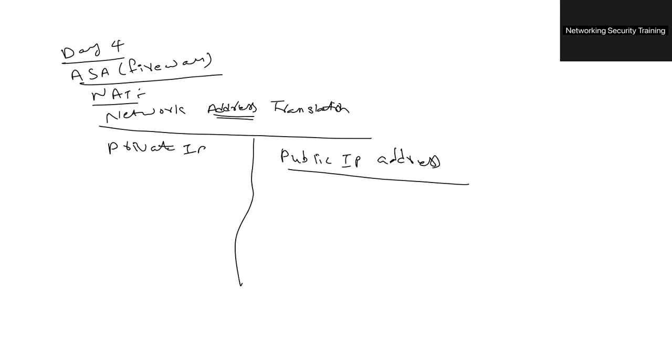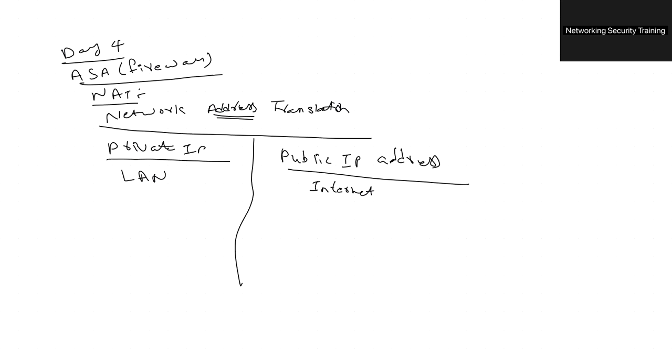A private IP address is used within the local network, in the local area network, and a public IP address is used to connect directly to the internet, which is suitable globally.